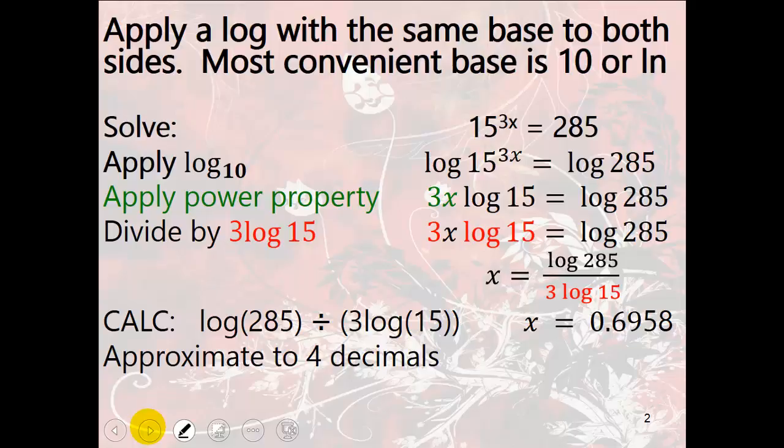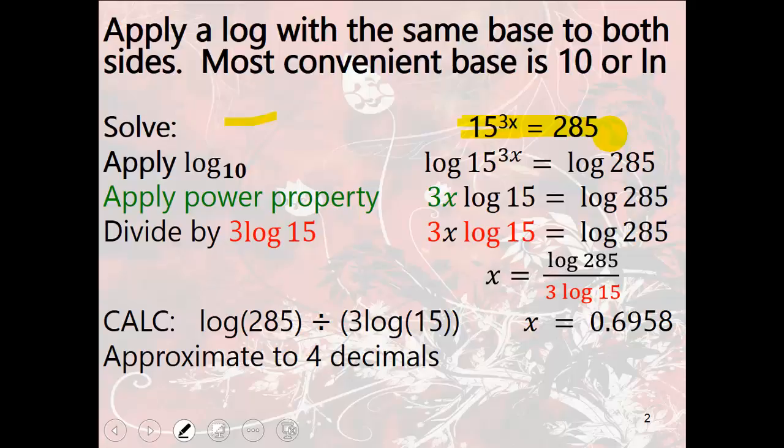So if I wanted to solve the equation 15 to the 3x power equals 285, it wouldn't take very long to notice that I can't rewrite 285 in base 15. And so my next step is to apply a log to both sides. On this first slide, I'm going to apply the log base 10, and on the next slide, I'm going to apply the natural log.